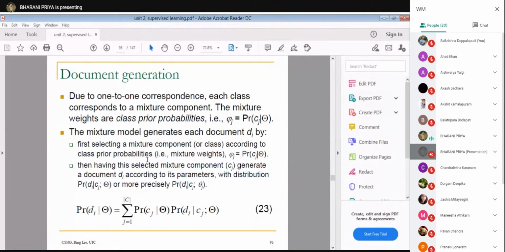Then it generates the document d_i according to the parameter probabilities. The earlier definitions have slightly changed. The naive Bayes classification formula has changed like this according to the parameters.